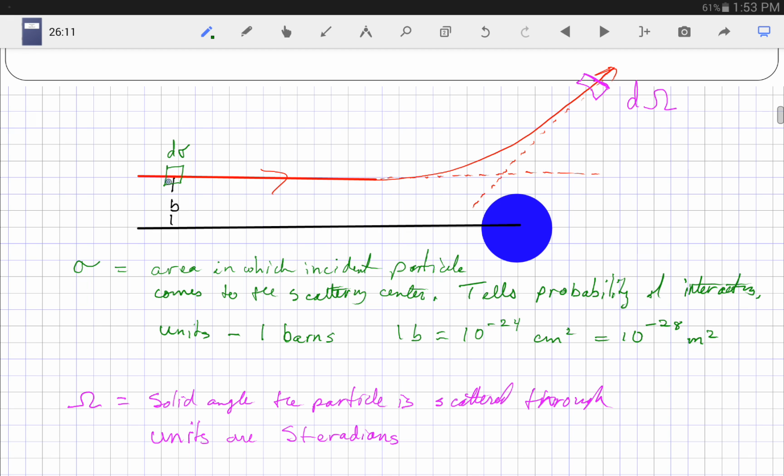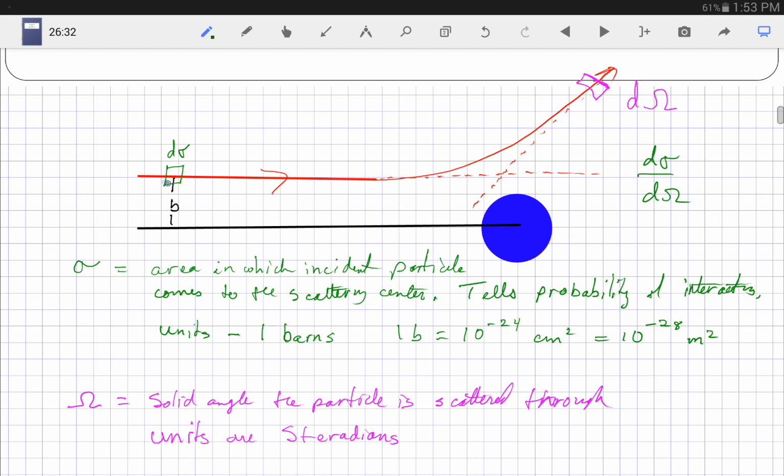So here you have a particle coming through d sigma, scattered through d omega, and that differential scattering cross section is this, which is the important thing we can measure to tell us about scattering.